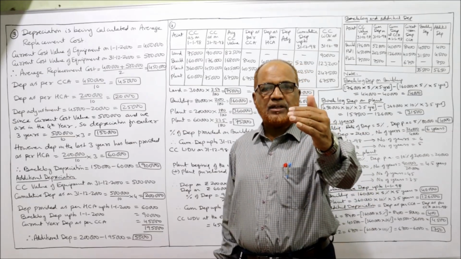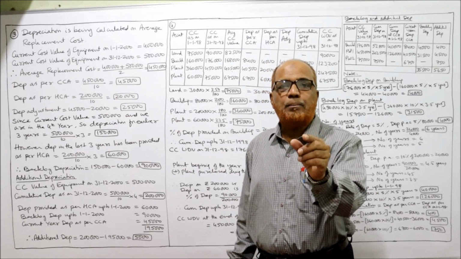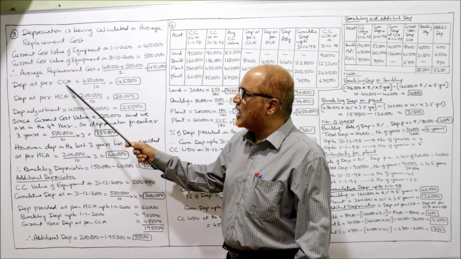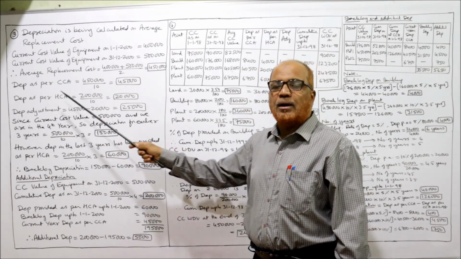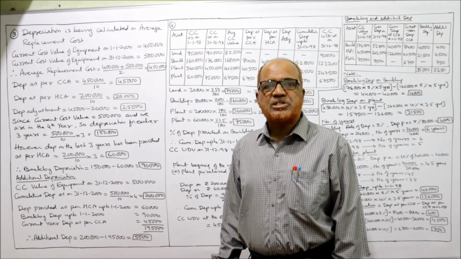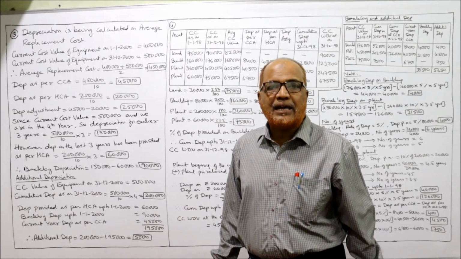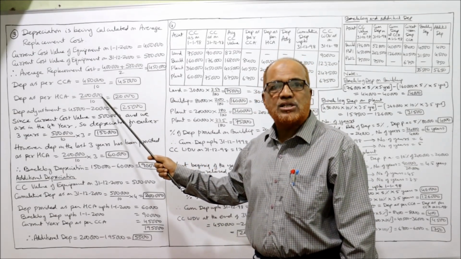So 4,50,000 divided by 10, 45,000 is the depreciation as per CCA. And depreciation as per historical cost accounting, HCA: what is the original cost? 2 lakh. So 2 lakh divided by 10, 20,000. So 20,000 is the depreciation as per HCA.